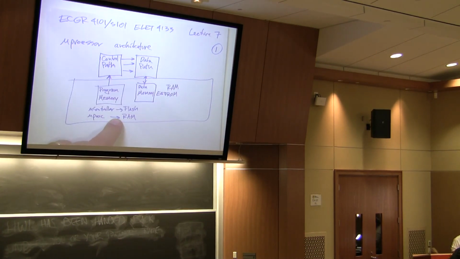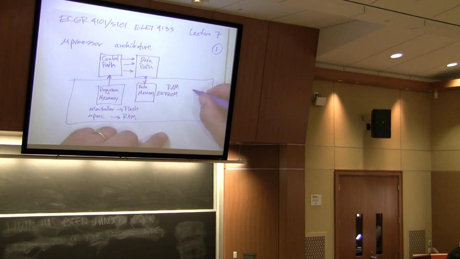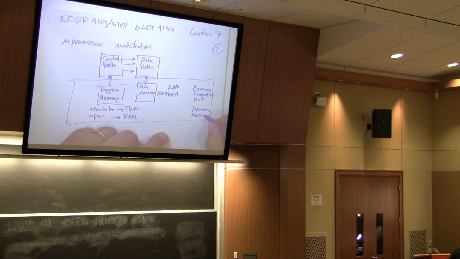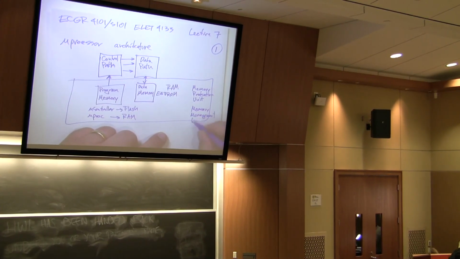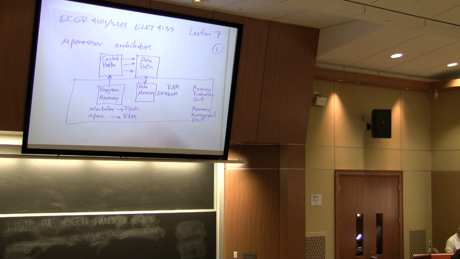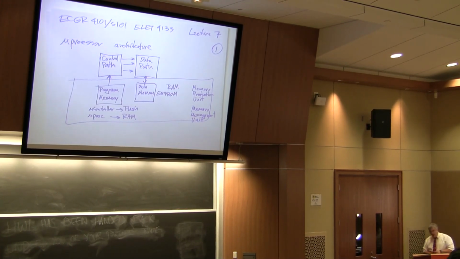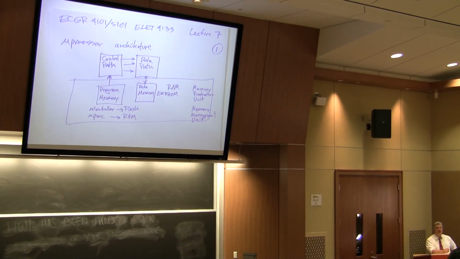And also depending on the sophistication of your devices, you may have something called a memory protection unit, or a memory management unit. And in the case of our system here, in our board, we really don't have a memory management unit, but I believe it is built onto the chip.